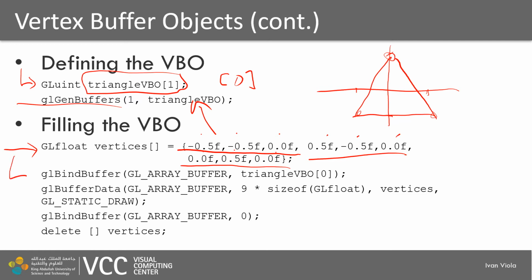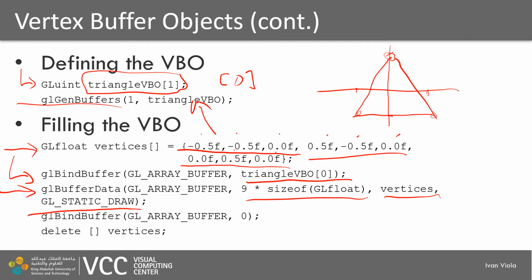Well, in order to get it to the GPU, we will bind our VBO, which is here, and we will associate it with our main memory, and we will upload that information to the GPU. And that is done here with this command glBufferData, where we are defining the size, the array which we are using for uploading, and we also define that we are not going to change this buffer, that this buffer will remain constant.